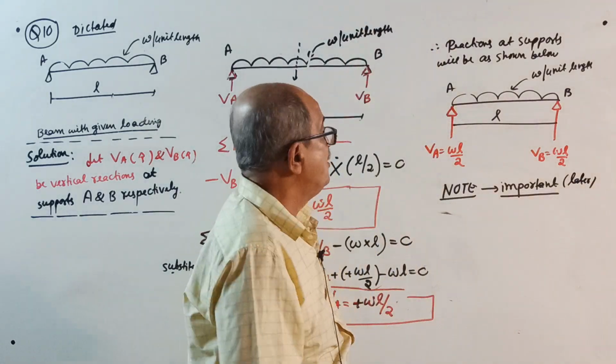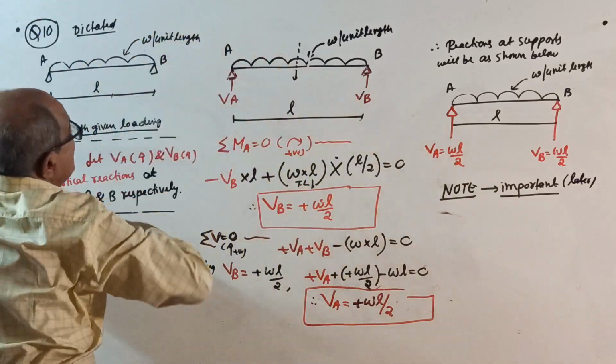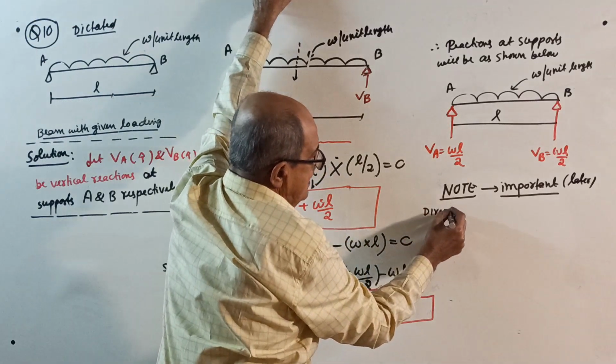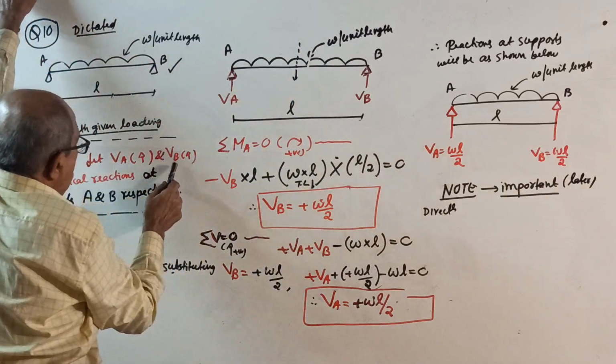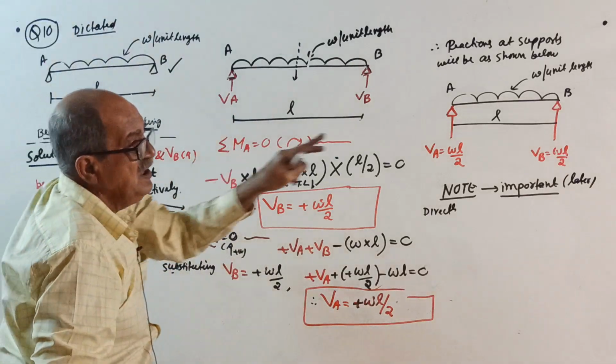So actually what you can do is, see the beam here, it is perfectly symmetrical. So what do you write? As soon as you put this sketch, directly go there.